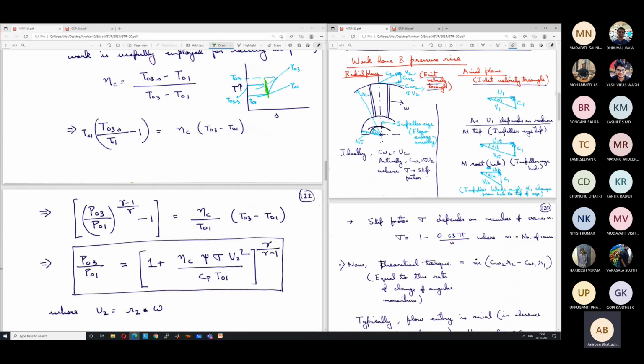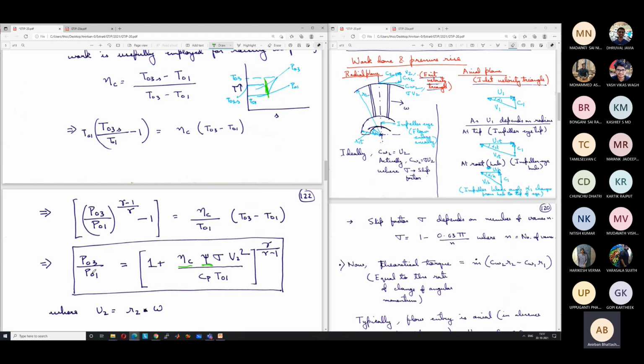As I have explained, this power input factor denotes frictional losses only in the impeller, whereas eta C represents the frictional losses in the entire compressor. Obviously, it also includes the impeller part and the other parts like diffuser and volute, everything. So if psi increases, eta C is going to decrease.